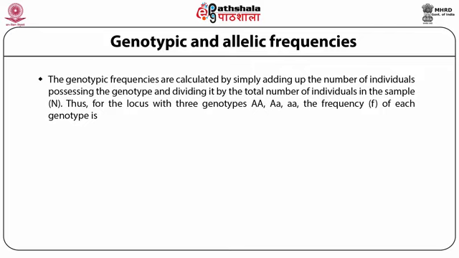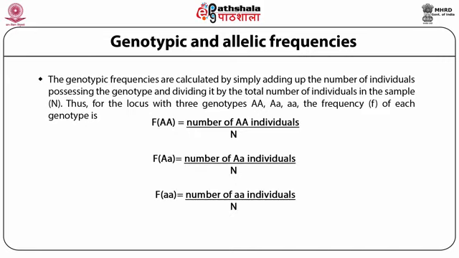Thus, for a locus with three genotypes, namely capital A capital A, capital A small a, and small a small a, the frequency of each genotype is calculated as follows. The frequency for capital A capital A can be calculated by dividing the number of individuals of capital A capital A genotype by the total number of individuals in the sample.